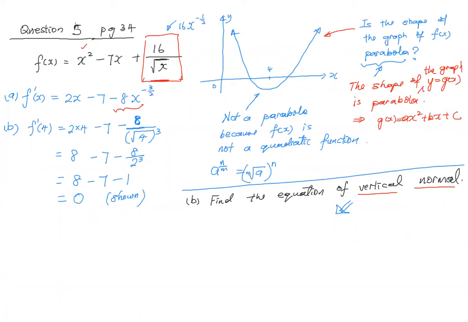For example, I have a graph. This is a graph. I want a vertical normal. The tangent is horizontal, correct? Here is the tangent. We illustrate.